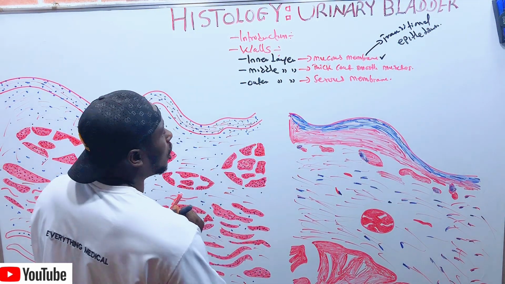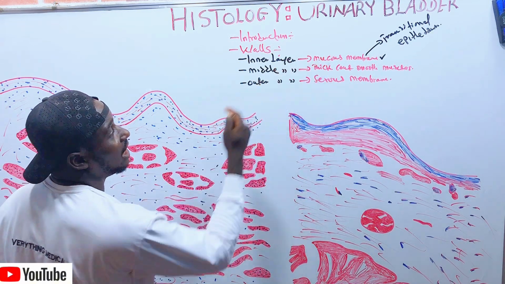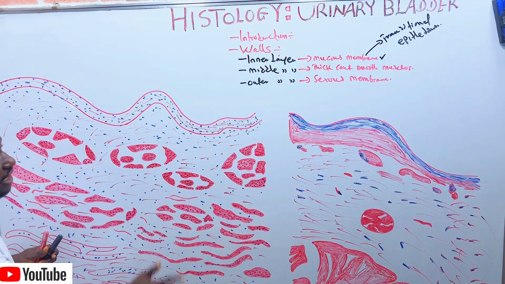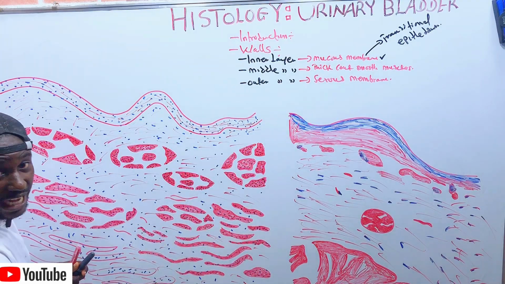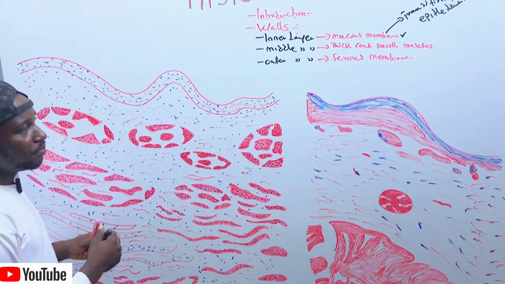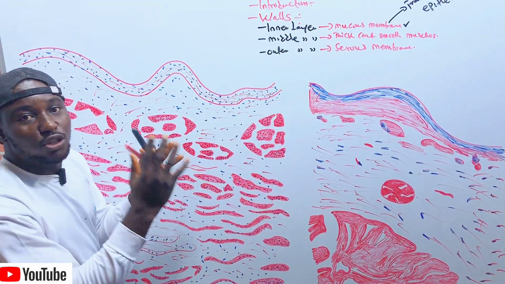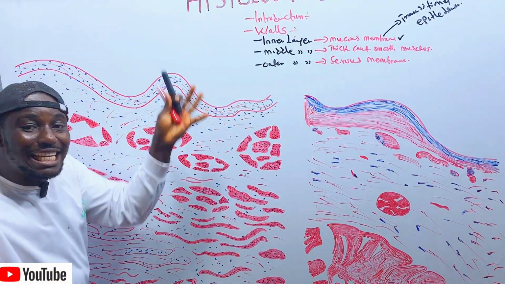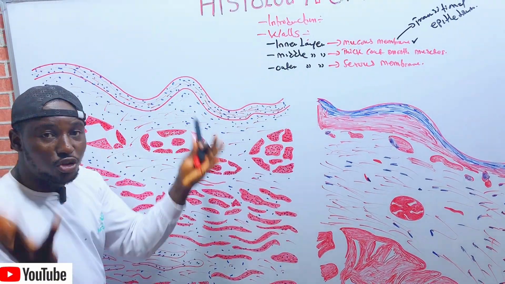Now, recall that it forms the inner layer of the urinary bladder. This is the diagram that represents the urinary bladder. The inner layer is the one that forms the inner wall of the urinary bladder.